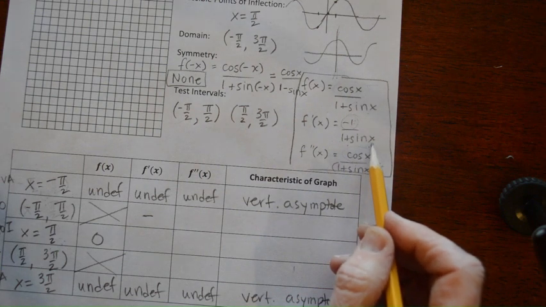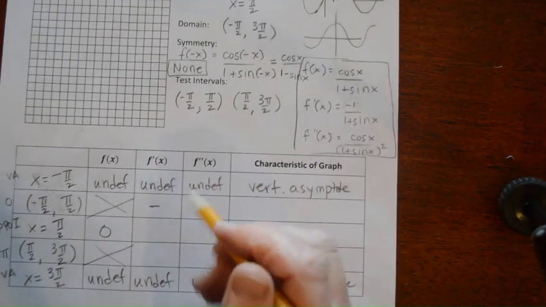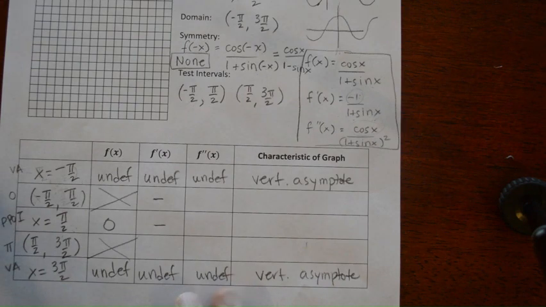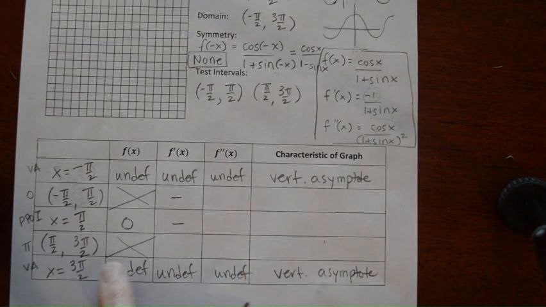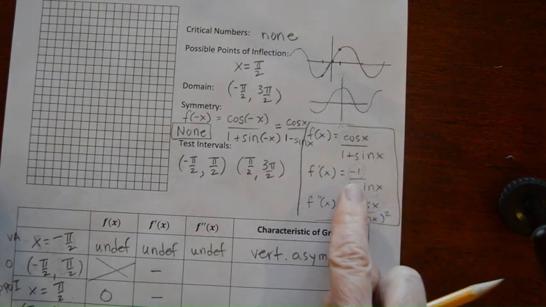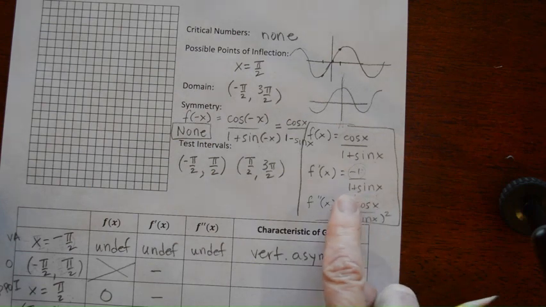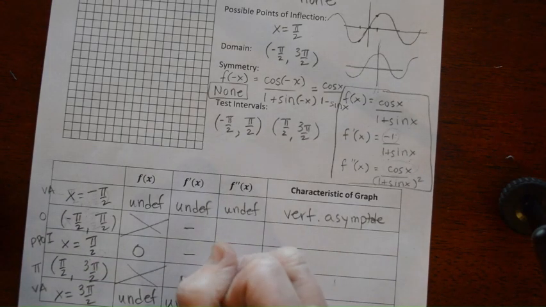Sine of pi over 2 is 1, so 1 plus 1 is 2. Negative 1 over 2 is negative. Again, we're remembering that this was a possible point of inflection, so we shouldn't be concerned that that's not 0 here. We can't get any zeros for there. All right, and then I put pi in. So negative 1 over 1 plus sine of pi. Sine is 0 at pi, so we've got 1 plus 0. Negative 1 over 1 is negative 1.